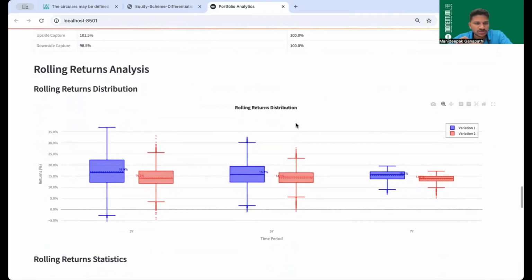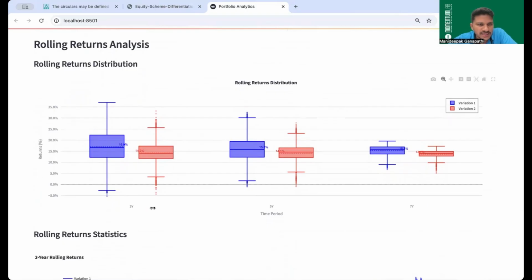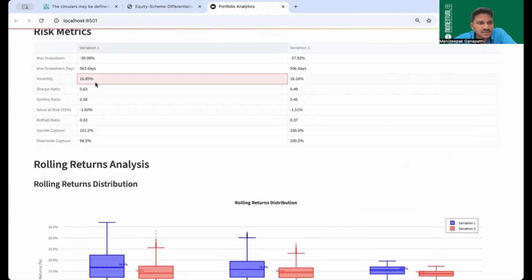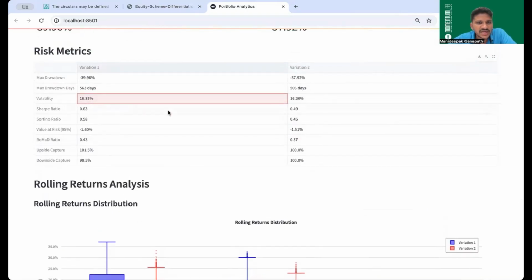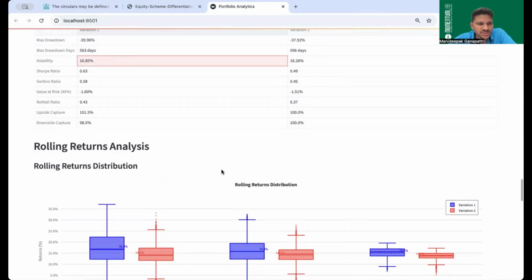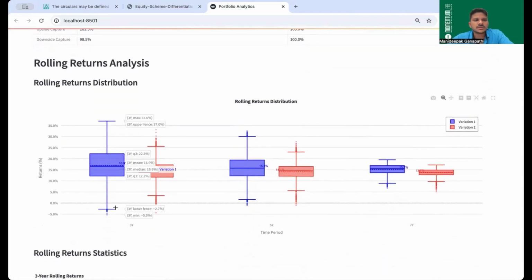Now let me show you the 3-year rolling return. As you can see, given that the fund has a slightly higher volatility than the benchmark, obviously you'll see a wider range of outcomes coming from the fund as opposed to the benchmark. So here the mean is 16.9%, the median is 16.6%.